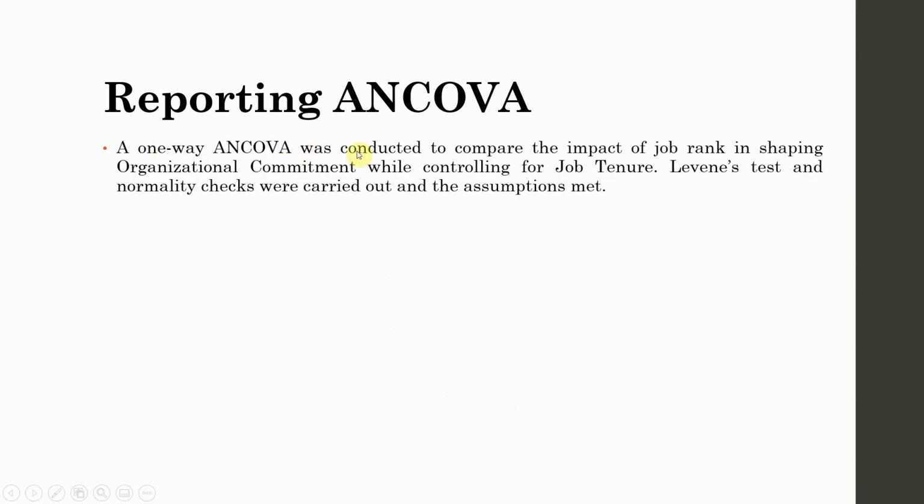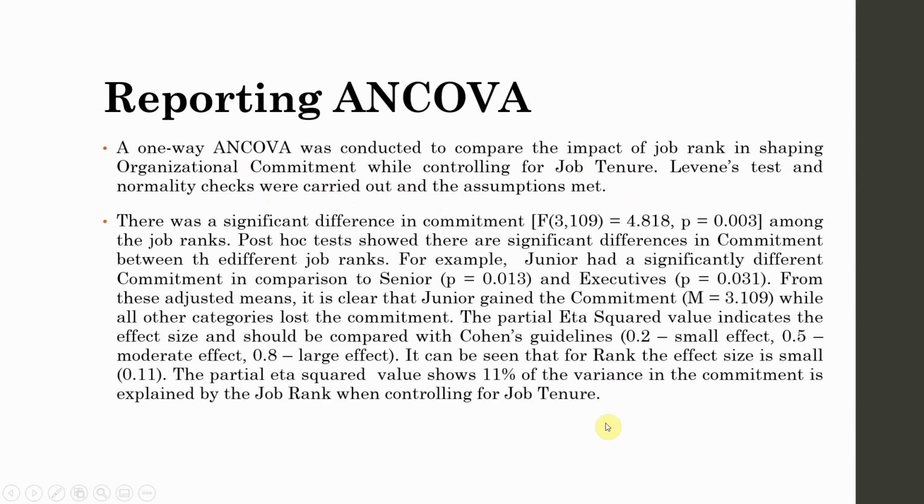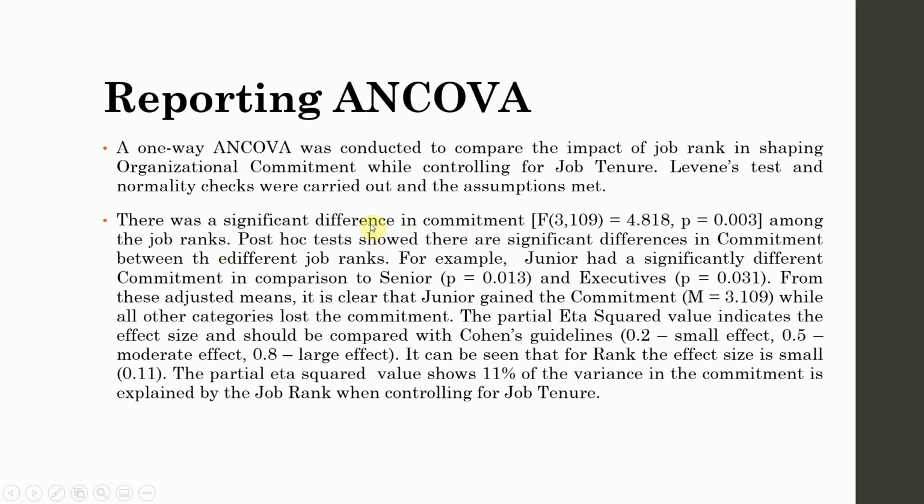Now, how do you report ANCOVA? A one-way ANCOVA was conducted to compare the impact of job rank in shaping organizational commitment while controlling for job tenure. Levene's test and normality checks were carried out and the assumptions were met. Now this is how you can report your ANCOVA results.